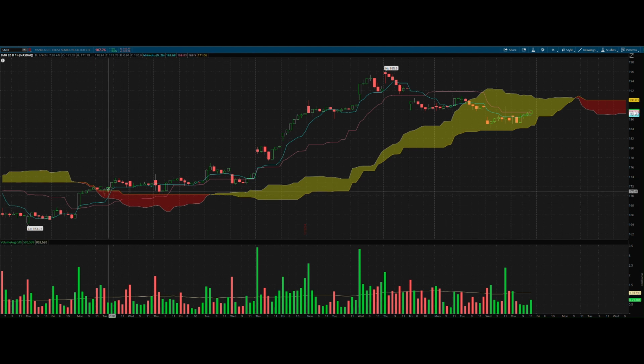Assuming that you made a decision here and then sold here, that's 1.24%. And if you bought here and sold here, that is 9%.